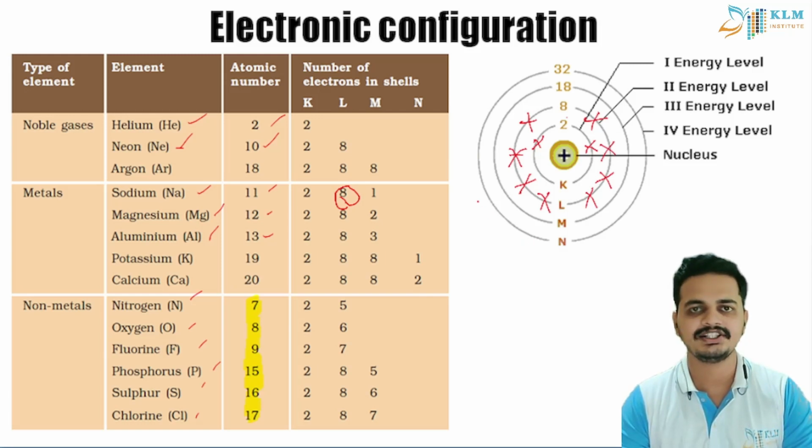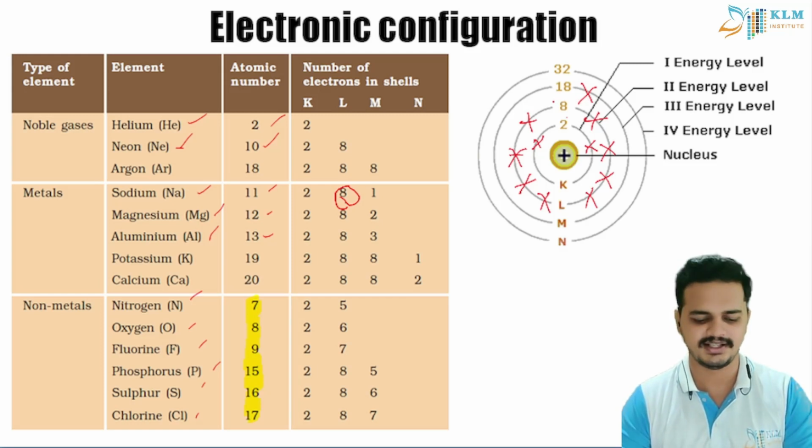So L shell has 8 electrons. Now we have 1 more electron in the M shell. So this electron is lonely, students. It is alone in its orbit, whereas it has the capacity of 18 electrons, but it is single in its shell. So it tries to lose the electron because it doesn't want to be alone. You can think of it like that.